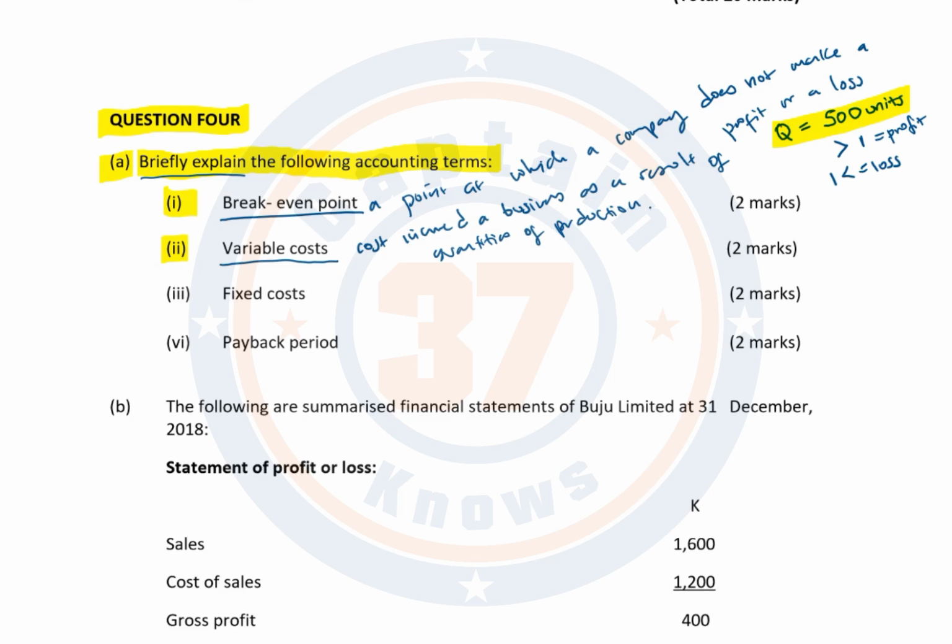So, the more you produce, the higher your variable costs. Examples of variable costs include the amount of money that you spend on supplies. If you buy more supplies, the cost is going to be higher.